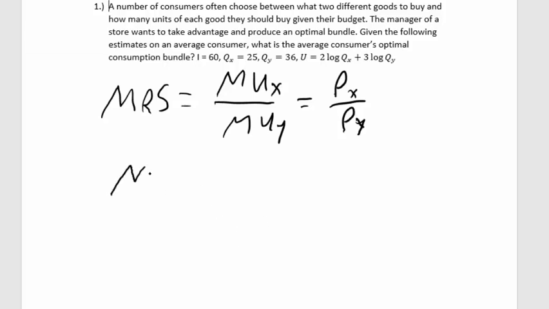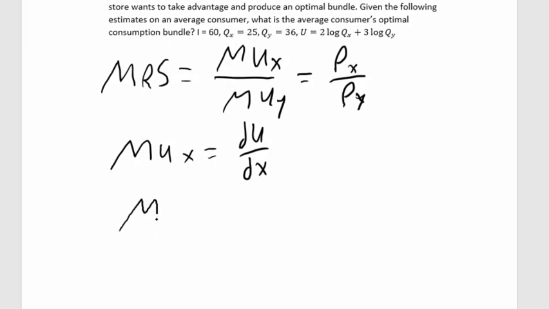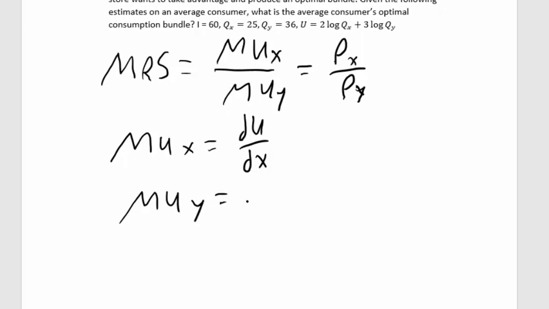Well, the marginal utility of X is just the derivative of the utility function with respect to X. And the same thing for the marginal utility of Y. It's just the derivative of the utility function with respect to Y.